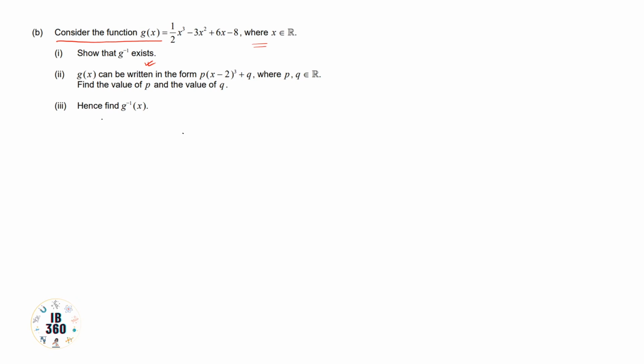We have already seen that if b square minus 4ac is greater than 0, then the inverse will not exist. So obviously we will check b square minus 4ac here and tell whether the inverse will exist or not.